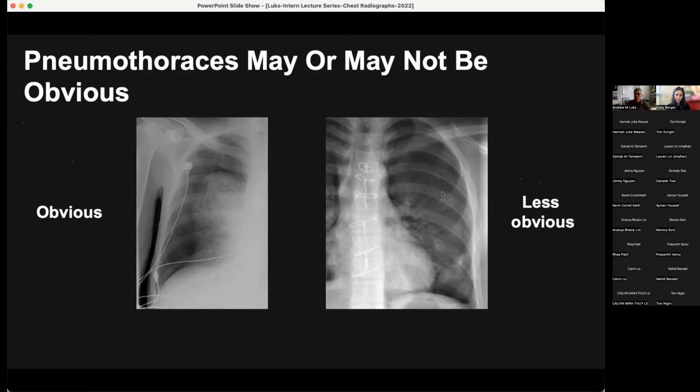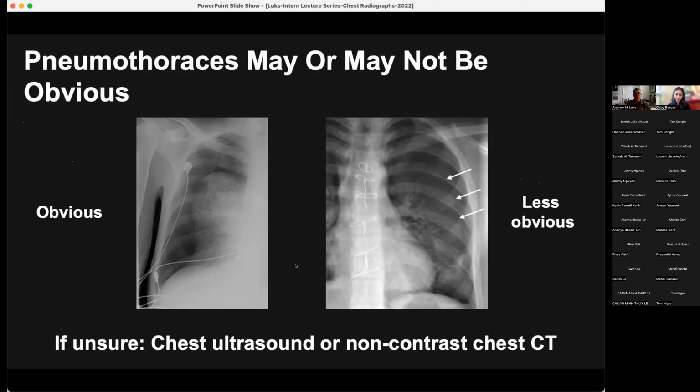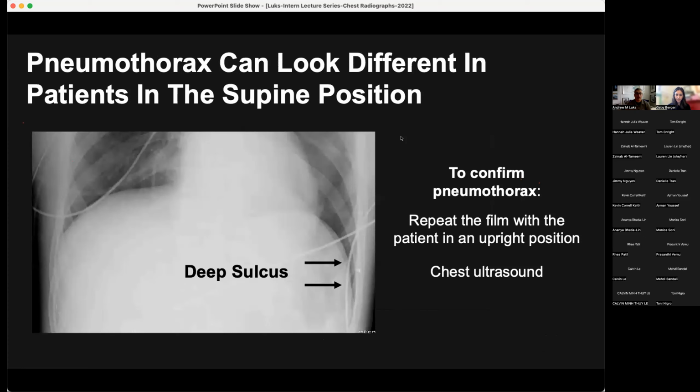But overall, it's a little harder to spot because you don't have this densely opacified lung like you have here on the left. So sometimes pneumothoraces are not going to be easy to spot. If you are unsure, the things that you can do are do some chest ultrasound at the patient's bedside, or if that does not resolve the question, obtain a non-contrast chest CT.